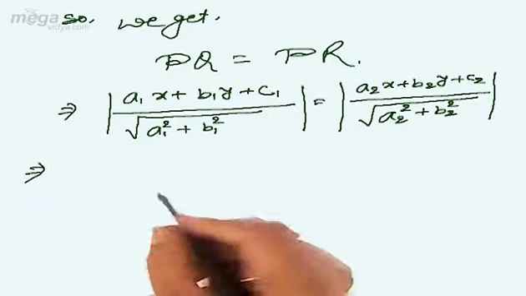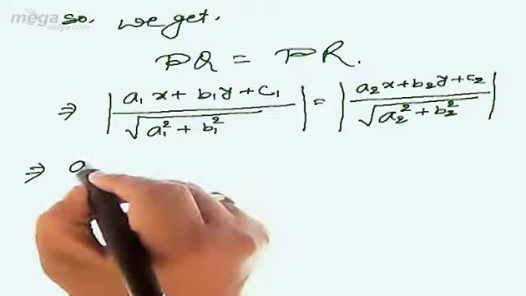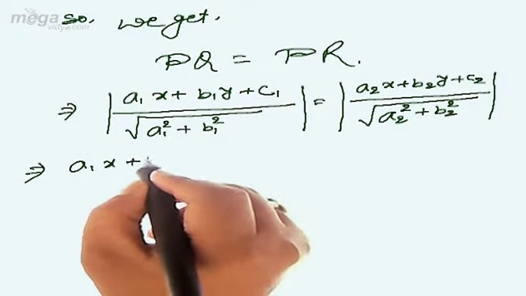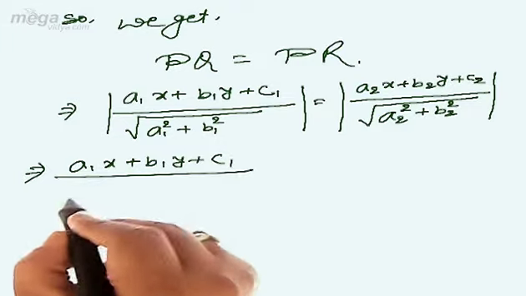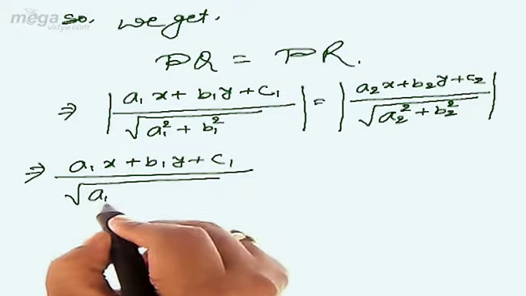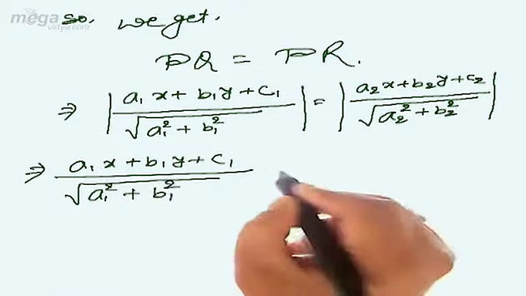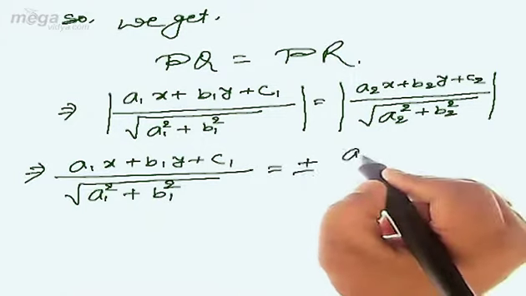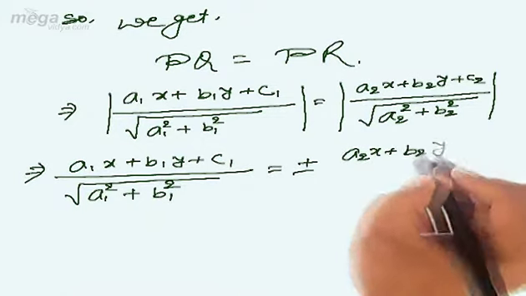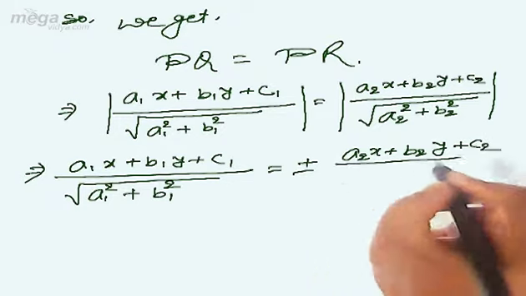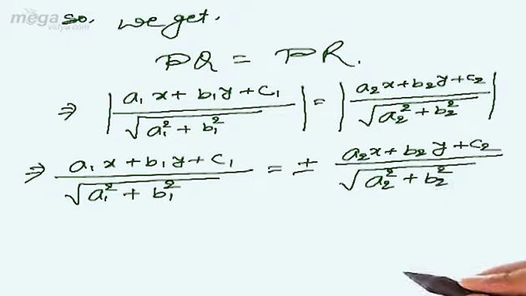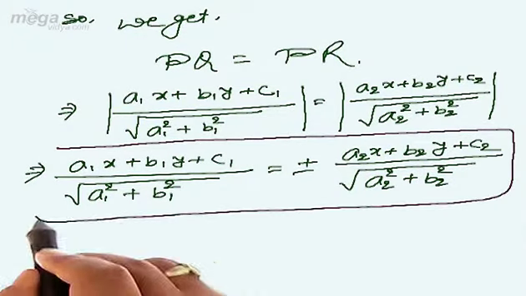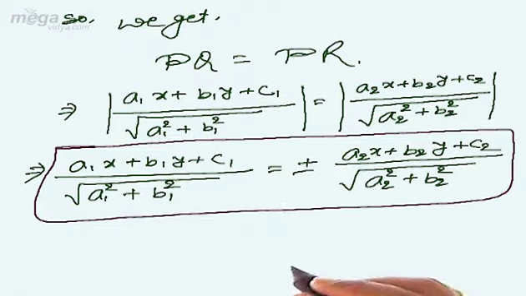When you remove the modulus sign, you get (A1x + B1y + C1) / sqrt(A1² + B1²) = ±(A2x + B2y + C2) / sqrt(A2² + B2²). And so student, this is the formula to calculate the angle bisector.